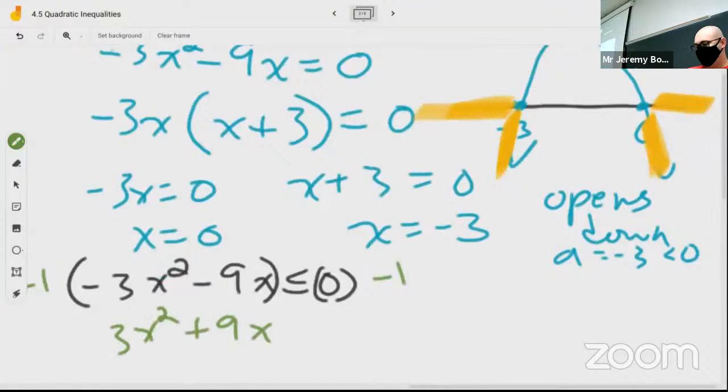The only thing is that now it's going to be greater than or equal to 0. Remember, it negates the relationship of the inequality. It changes it. So you could do that for these problems as well. If you solve that one, you're going to get the same answers because it's going to flip the parabola, but it's still going to intersect at negative 3 and 0.